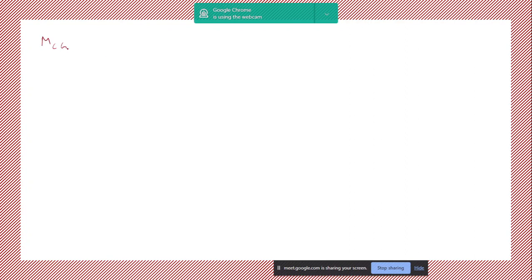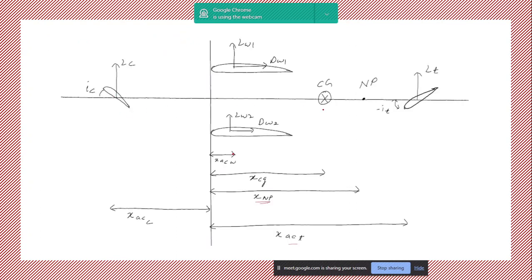MCG equal to, if it was not a symmetrical airfoil, there would be an MAC of the canard. In this case it is 0, plus lift on the canard into the distance. What is this entire distance?